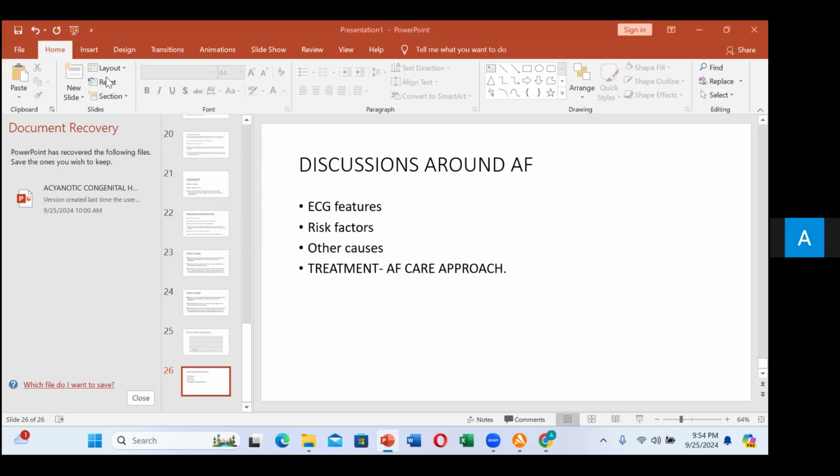And the significant one that indicates surgery is a shunt greater than 1.5. We should also note how it's calculated, not only for ASD, also for PDA, and the various views that we need.